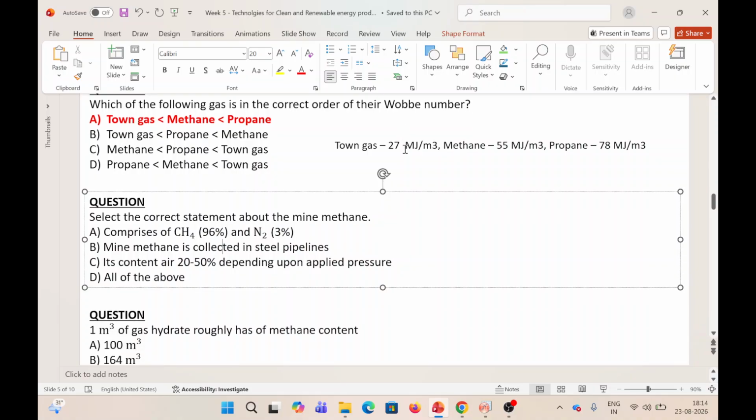Next, select the correct statement about the mine methane. Option A, it comprises of CH4 96% and N2 3%. The mining methane is collected in steel pipeline. Its content at 20 to 50 percentage depends on the applied pressure, and all of the above.